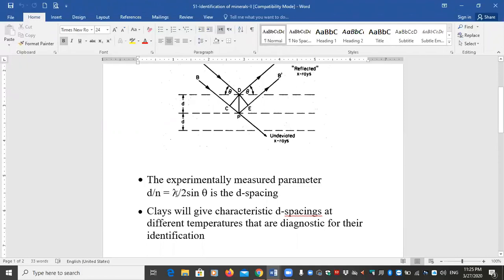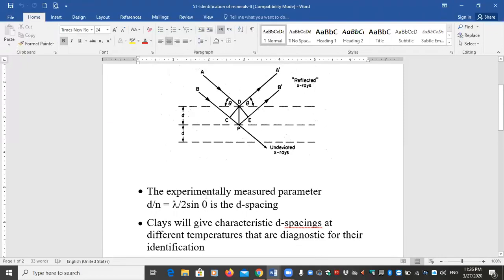Bragg's law can be proven from this diagram. Try to do that if you want. If you do it as an optional homework and send it to me by email, I can give you credit.